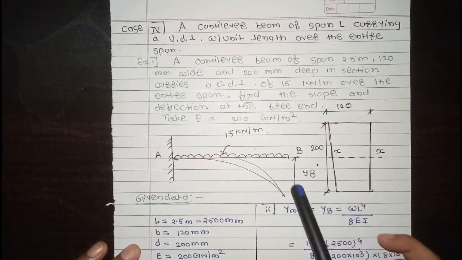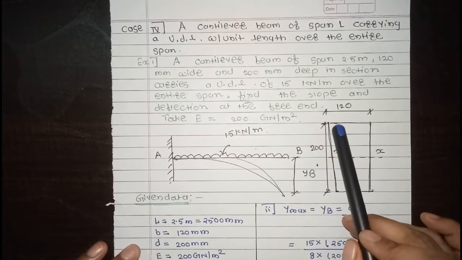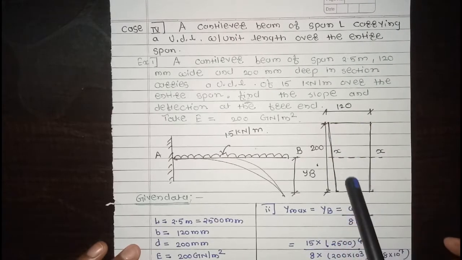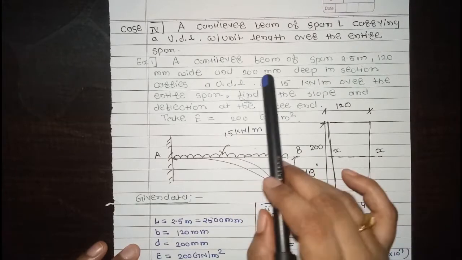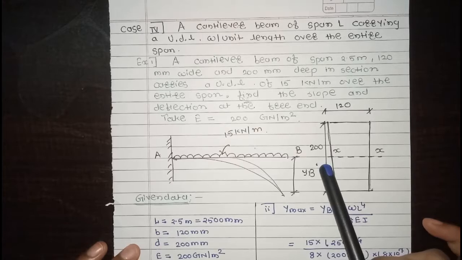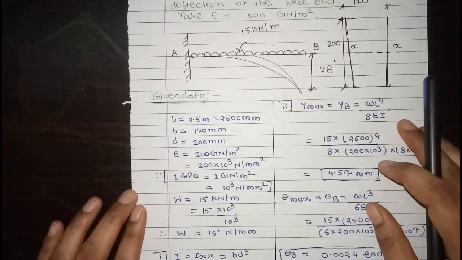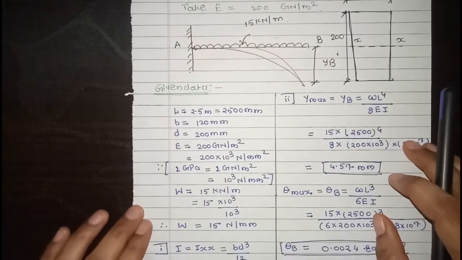Calculate slope and deflection at the free end. The cross section is rectangular, 120 mm wide and 200 mm deep. Okay, first of all write down the given data.